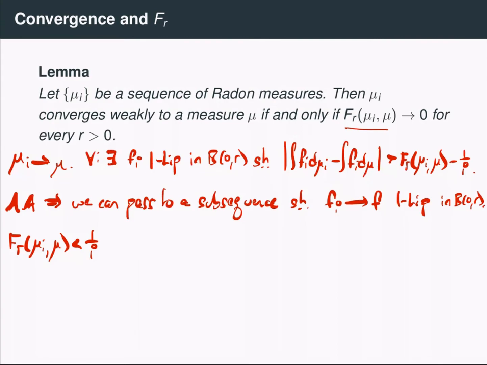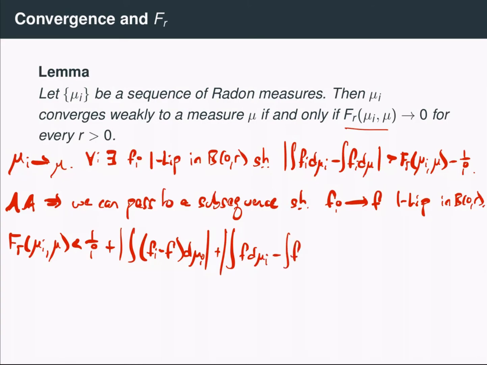So that absolute value up there is at most the integral of f_i minus f d mu_i, plus the absolute value of the integral of f d mu_i minus the integral of f d mu.